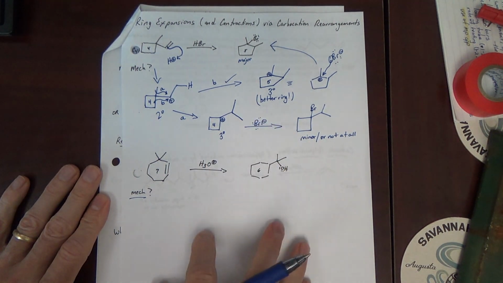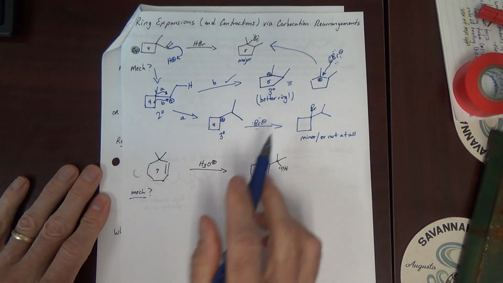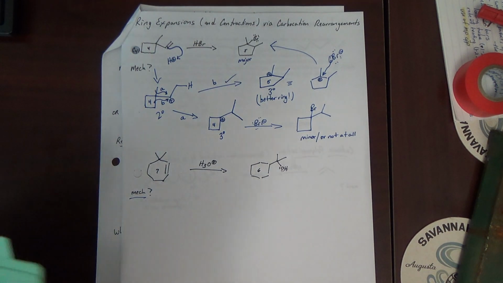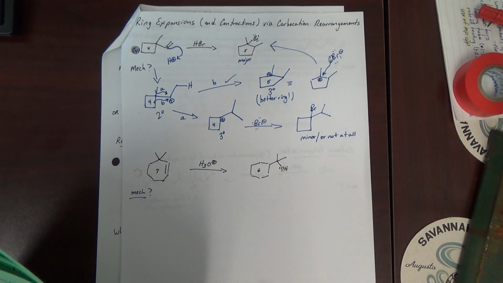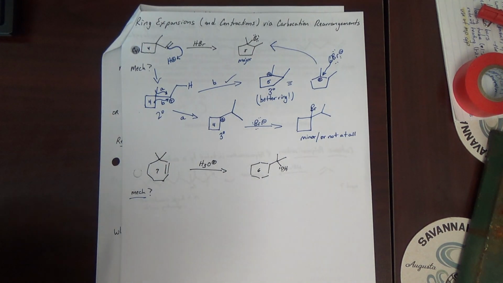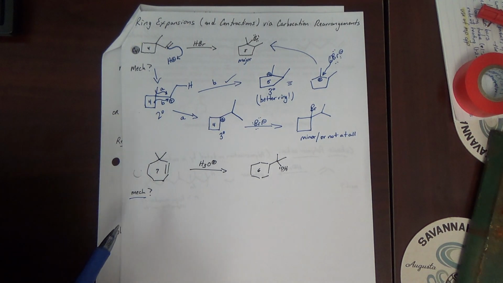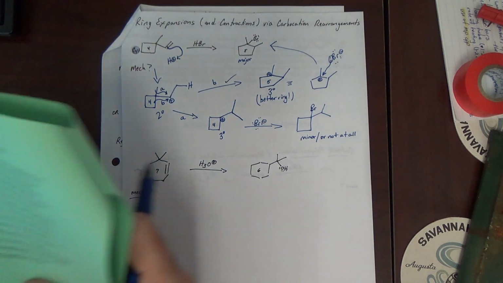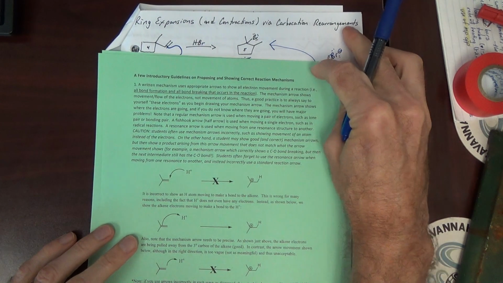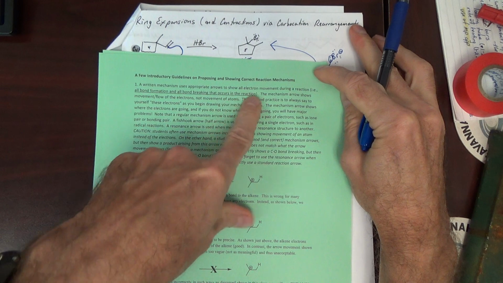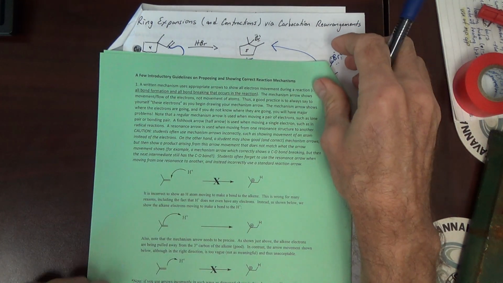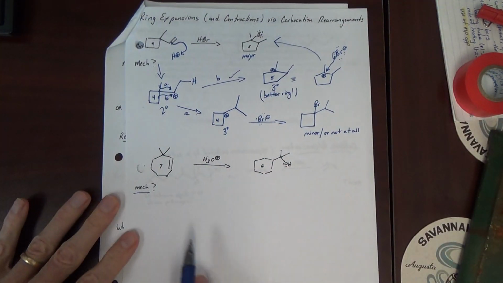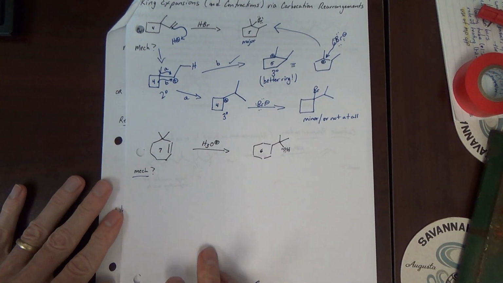And showing a mechanism like we did above with correct arrow movement, correct use of arrows, is important and will be on your quizzes and tests. And again, I refer you back to the introductory guidelines on proposing and showing correct reaction mechanisms, where I give you some pointers, some tips. Try this mechanism here on your own, and we'll probably do it in class.